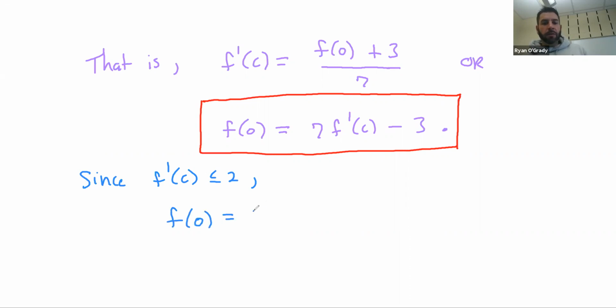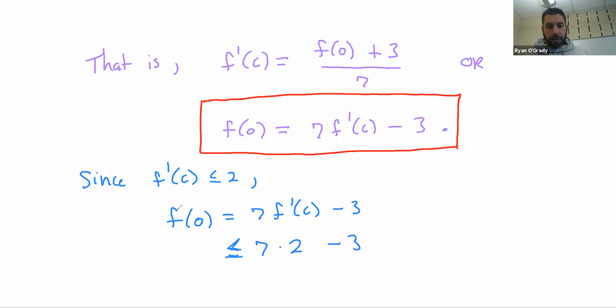f of 0 is equal to 7 times f prime of c minus 3. But now we can replace that f prime of c with 2, because it's bigger than it. Notice I put an inequality down here now. The only thing I did is I took this weight off of my scale and put more weight on it. So now it's no longer equal, but this side weighs more.